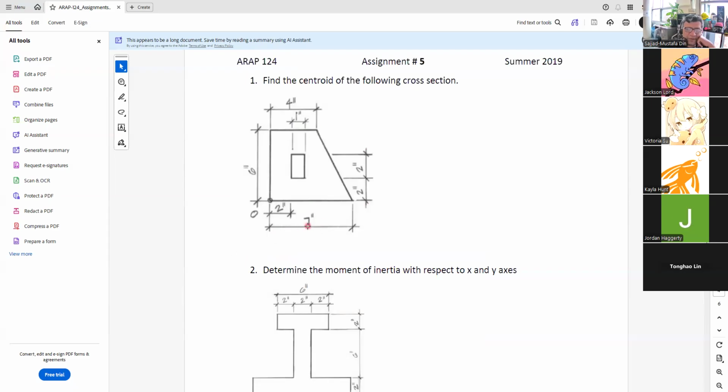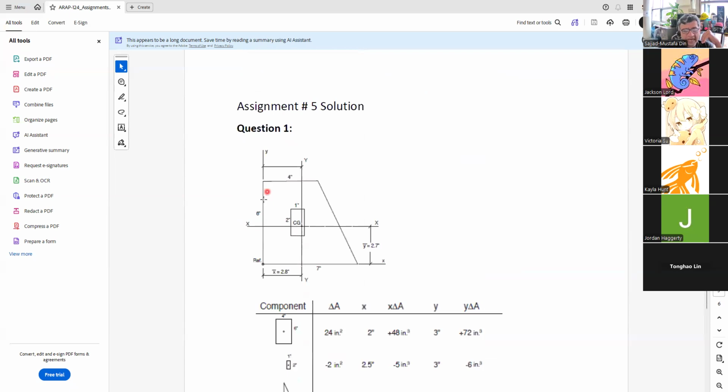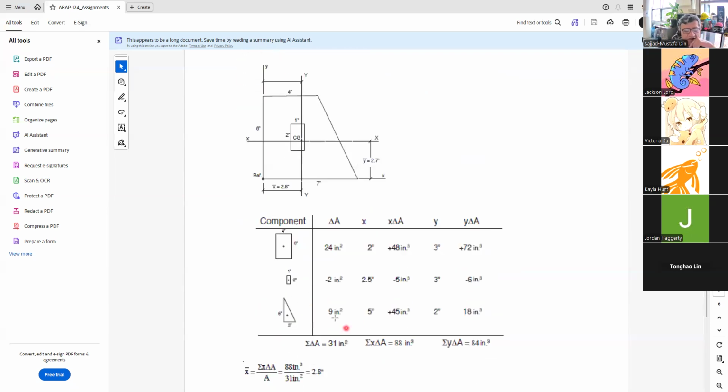This is going to be 7, so it's 7 minus 4. So this distance here is going to be 3 from here to here. So half base times height, what is that going to be? The height is 6 inches.